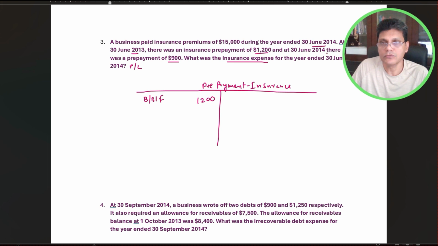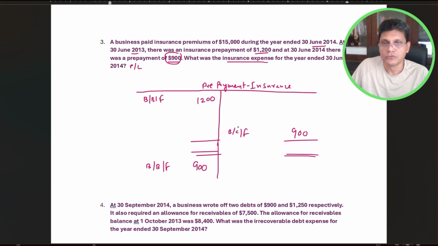And at 30th June 2014, there was a prepayment of 900. So therefore, there was a closing balance. So closing balance will be balance carried forward. That's going to be 900 US dollars. So this will be the carried forward balance to the next financial period.